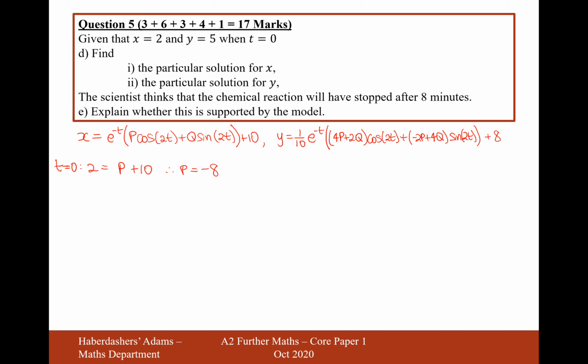And now that we know that p is minus 8, that will help us with the second bit here when t equals 0 on the y. So when t equals 0, I'm going to get 5 equals 1/10 lots of, on the cos, we're going to get 4 times p, so that would be minus 32 plus 2q.